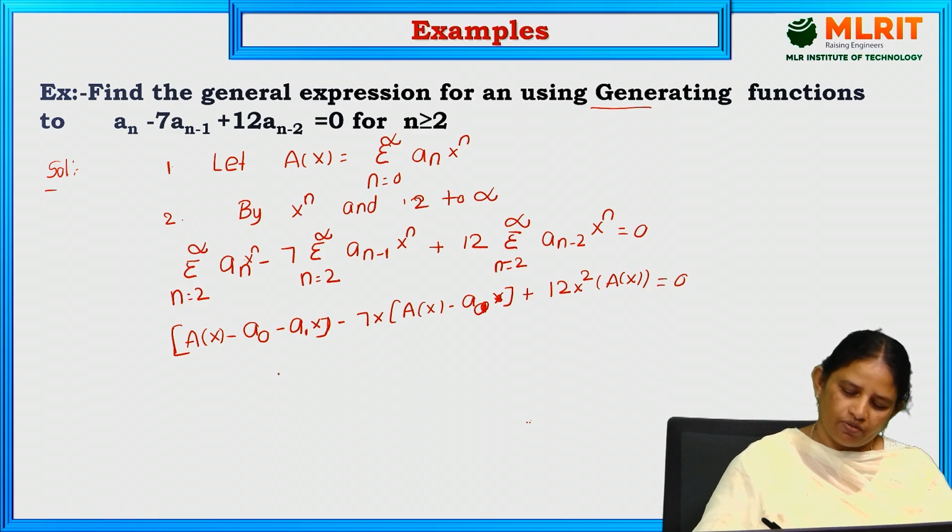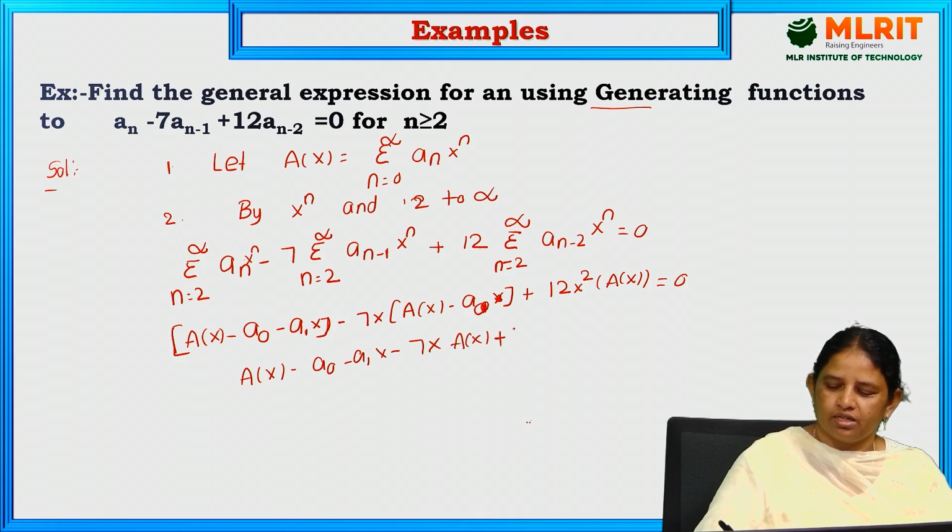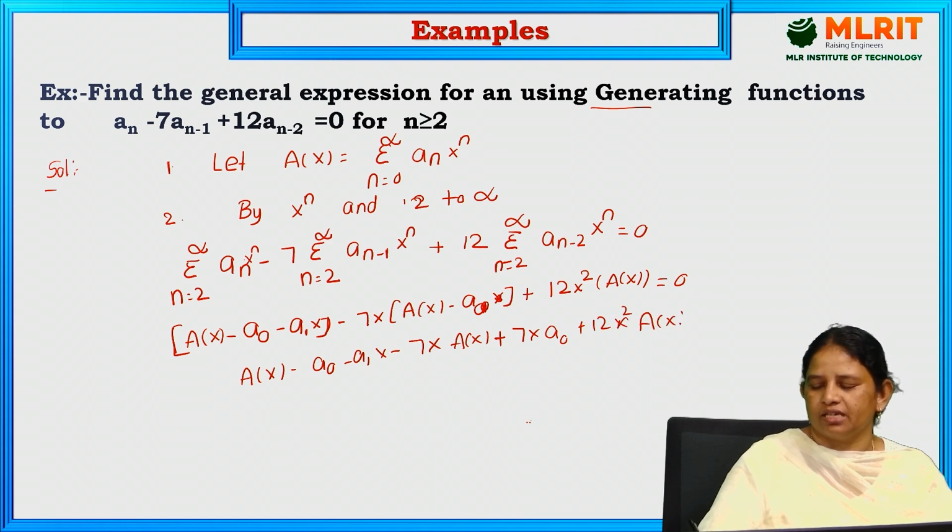Next, we need to separate the terms: a of x minus a0 minus a1x minus 7x a of x plus 7x a0 plus 12x square into a of x is equal to 0.